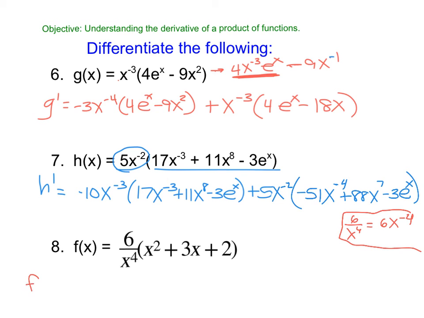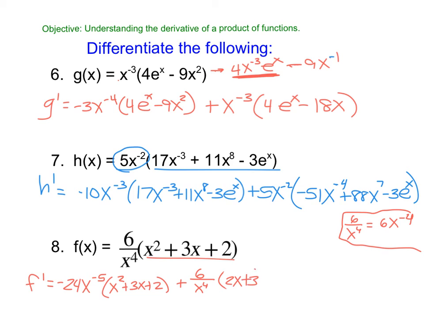So f prime, derivative of that is negative 24 x to the negative 5 times my parentheses. And then I'm going to rewrite. I'm going to leave it 6 over x to the 4th, because I'm leaving it alone anyways. X squared plus, just kidding, you have to take the derivative of the second, 2x plus 3.